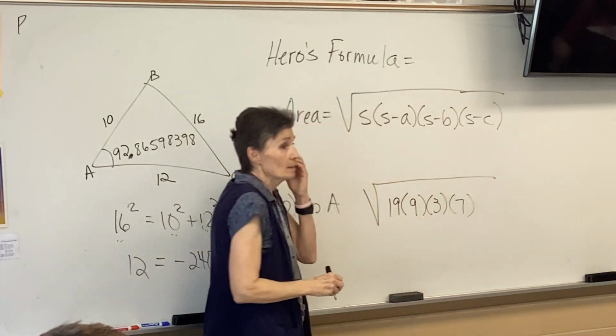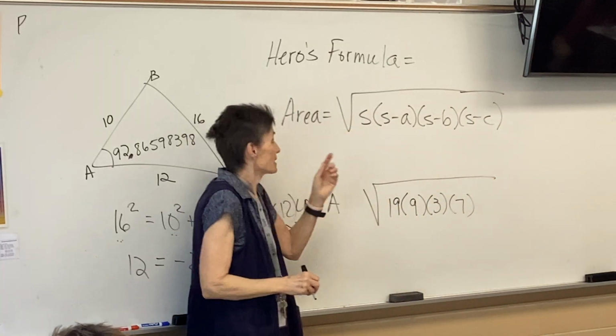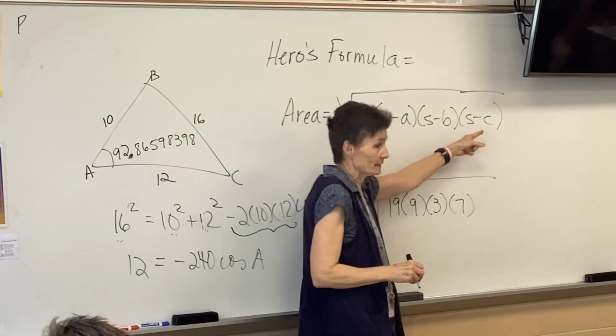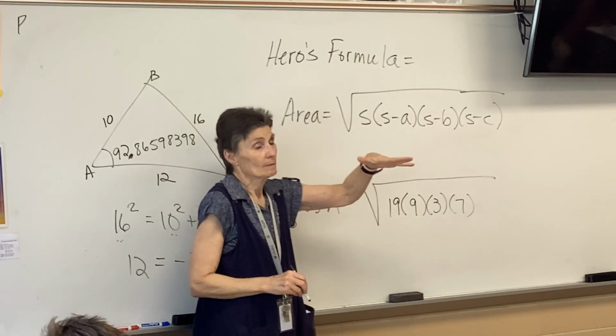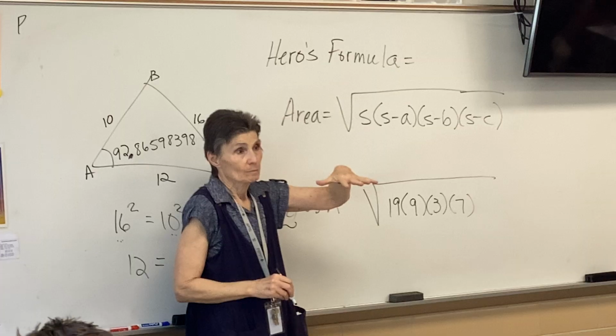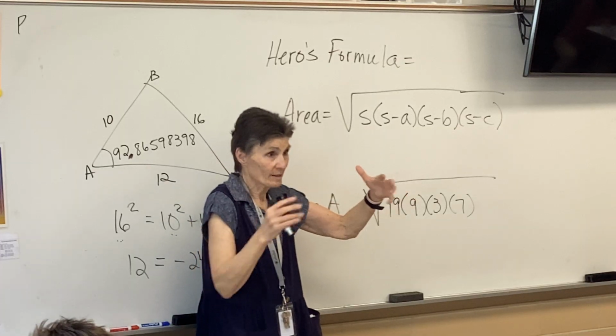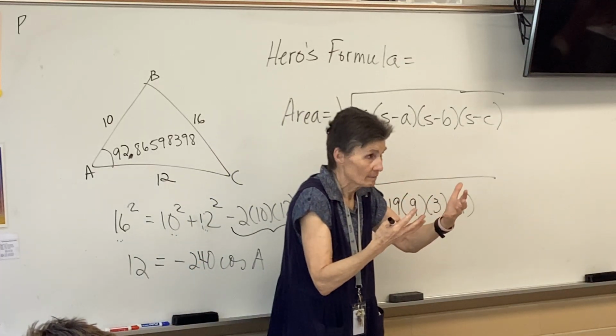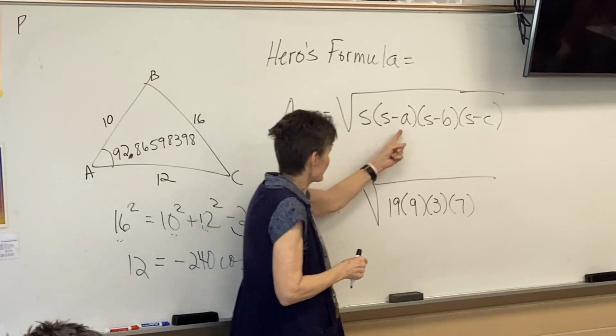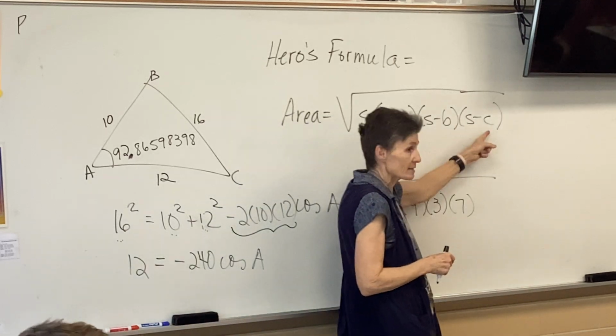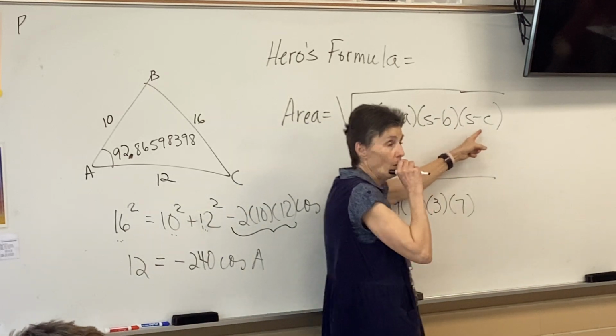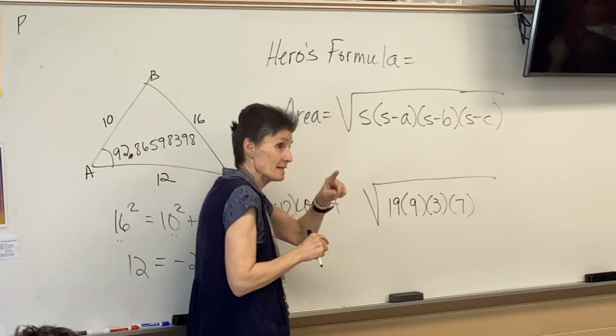Now, I bet you can guess what the little a, little b, and little c stand for. We're talking about a triangle. What do the little letters stand for? So this is side A, side B, side C. Now what is S?